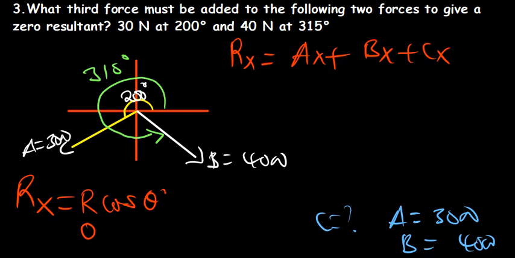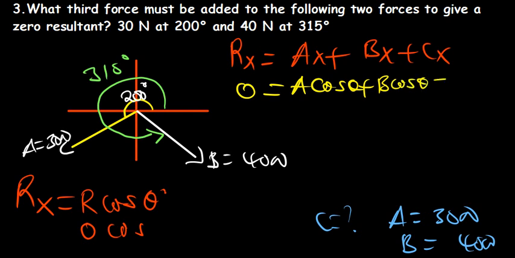R is 0, and even if I don't know the theta here, 0 times anything is 0. Therefore, this part here will be 0. Ax is A cos theta. In the x-axis, when I'm dealing with vectors, it is always cos theta, plus Bx is B cos theta. Since I want to find C, I'll just say Cx.